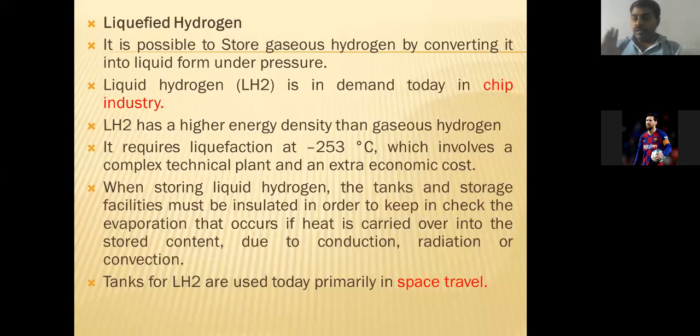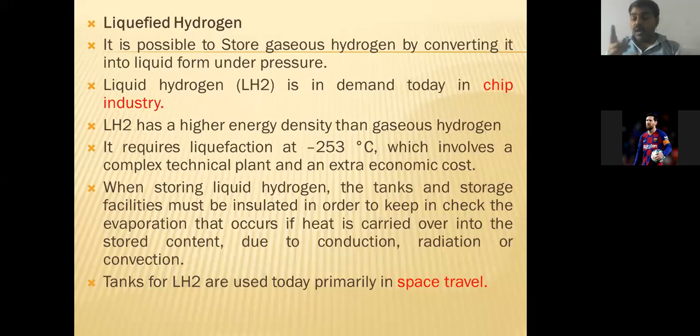Right? So this is the basic thing we need to identify here. Here also, in liquid storage, we do the same thing: we convert the gaseous hydrogen into liquid and keep it inside our cylinders.